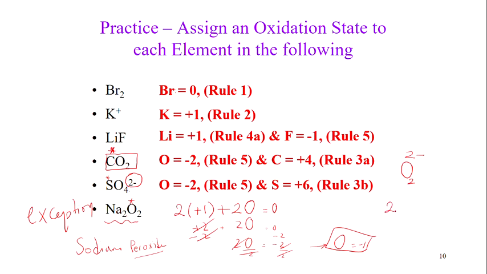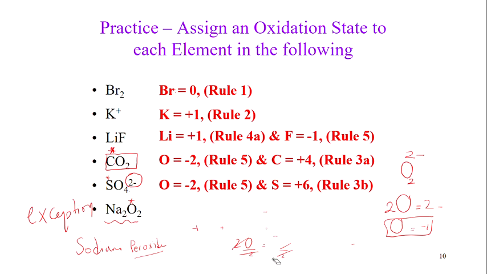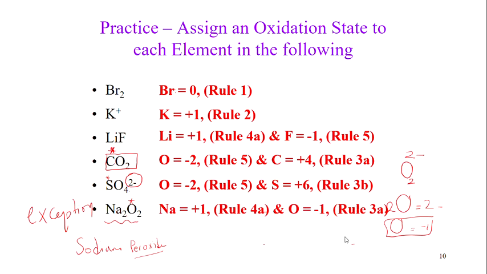I have 2 oxygen, and the charge is 2 negative. So oxygen is 2 negative divided by 2, 1 negative. So for peroxide, oxygen is not 2 negative; we have 1 negative. That is why I told you we have some exceptions and we need to pay attention to our exceptions in this chapter.